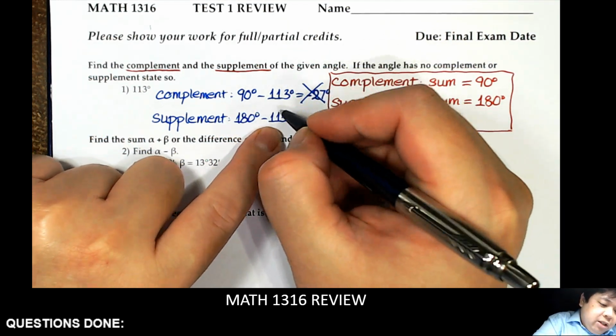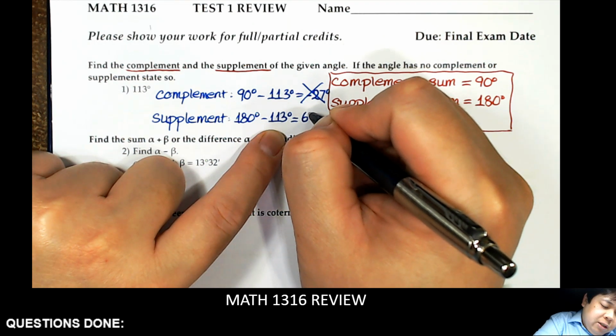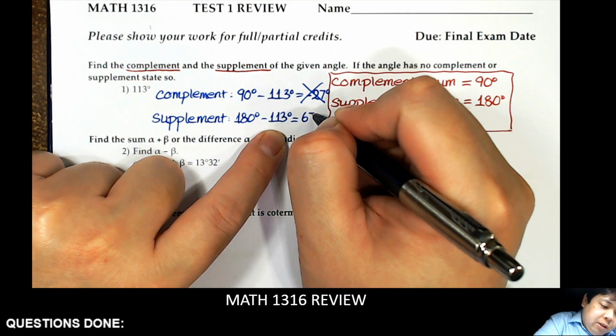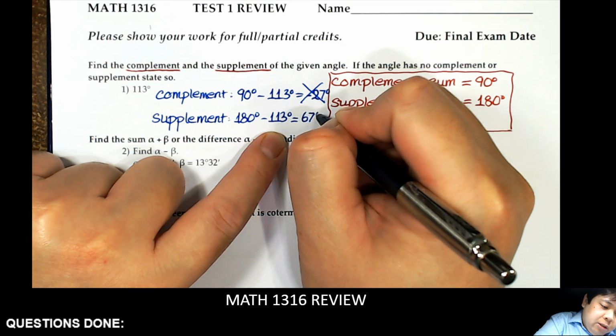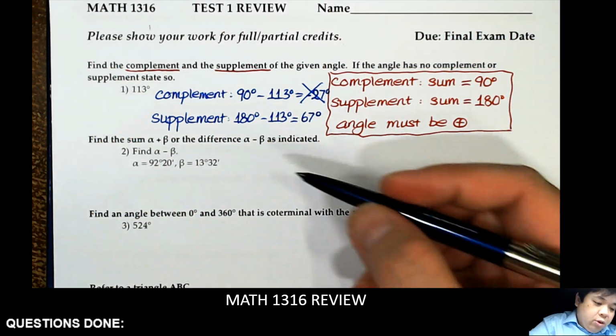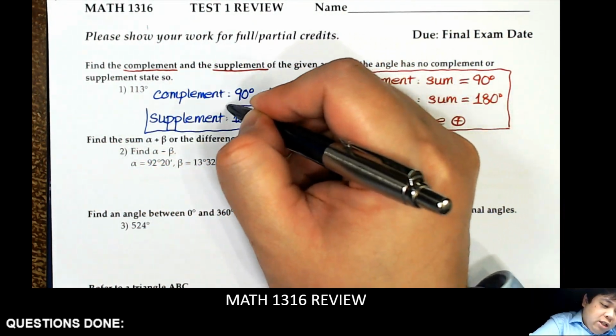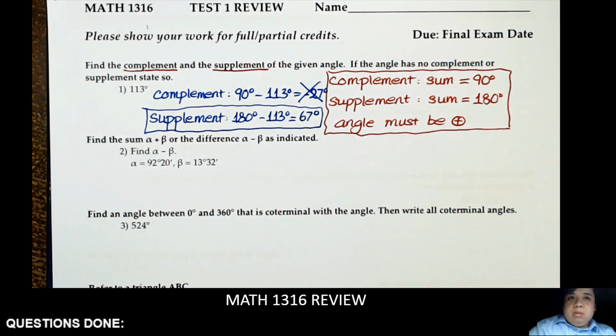That gives us 67 degrees, and that one's positive, so it's good. So the supplementary angle is equal to 67 degrees, and there's no complement.